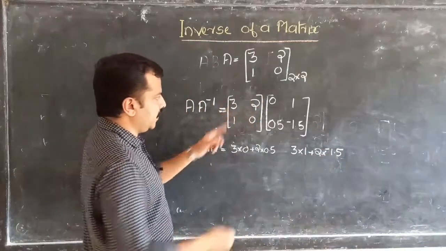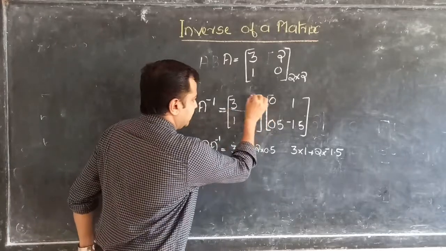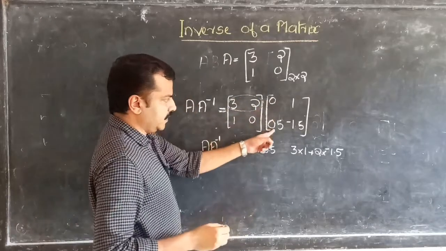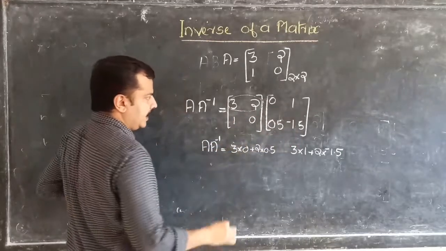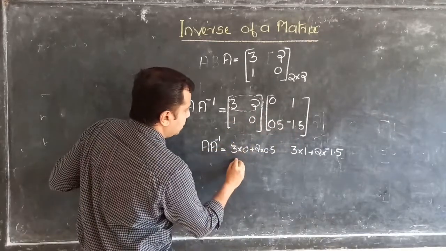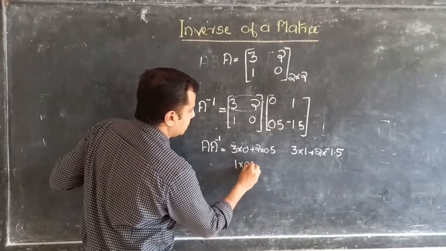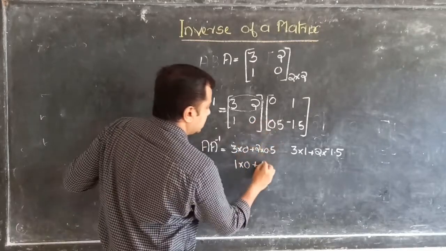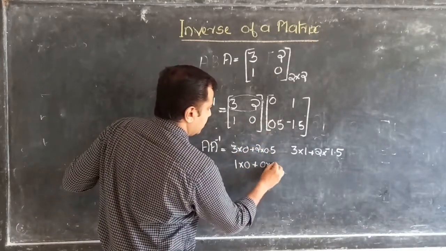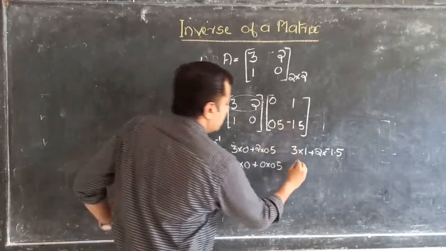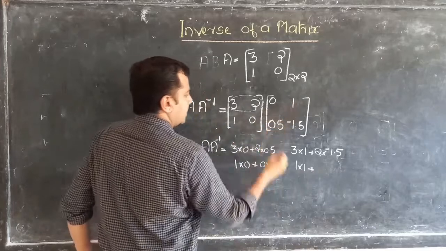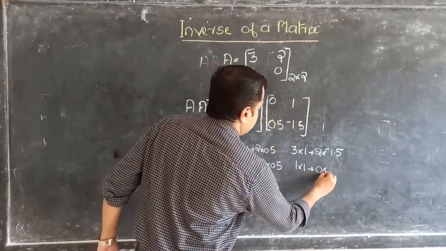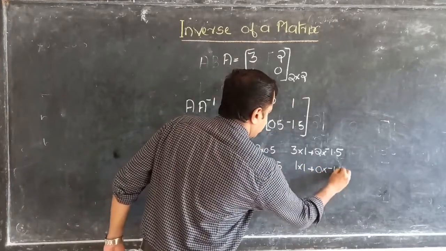Similarly, the first row we multiply first with the first column, then first row with the second column. And now we will continue the analysis with the second row. 1 into 0 plus 0 into 0.5. 1 into 1 plus 0 into minus 1.5.